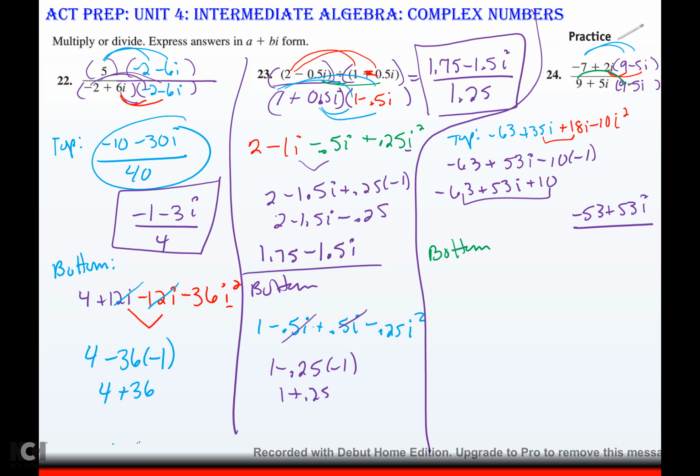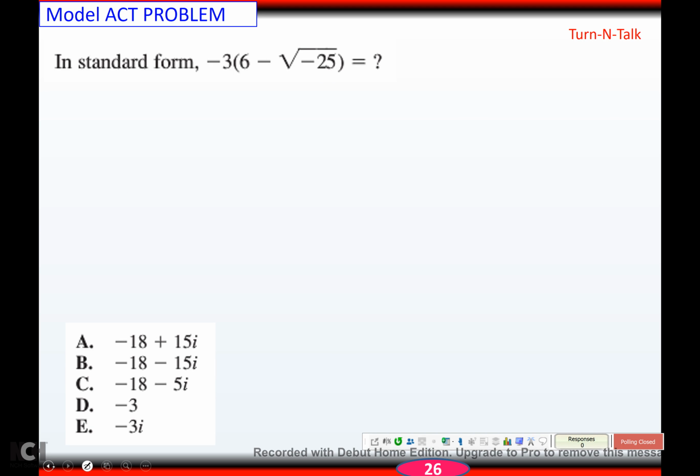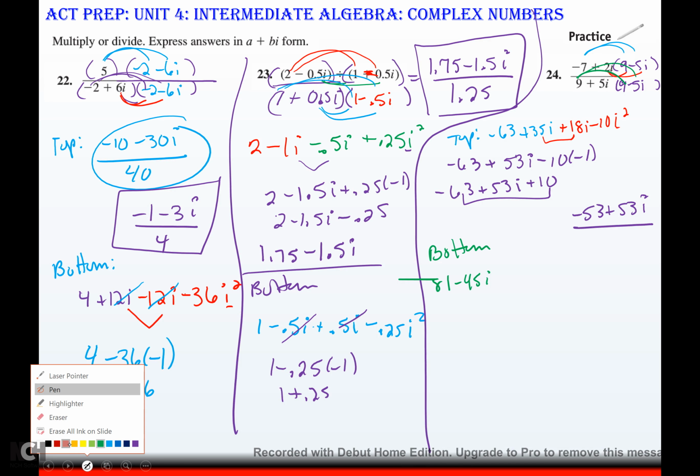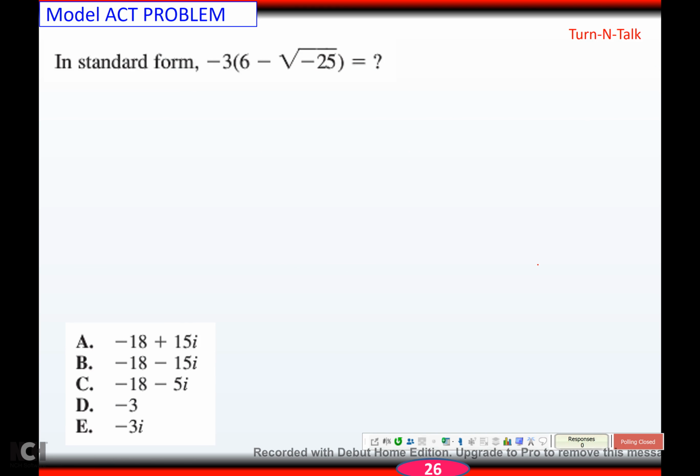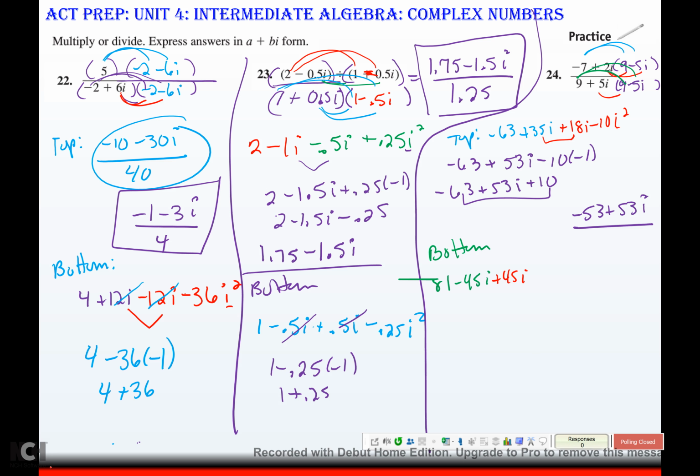Okay, on bottom, I have 9 times 9 is 81. I have 9 times negative 5i is negative 45i. I have 5i times 9 is positive 45i. And positive 5i times negative 5i is negative 25i squared.